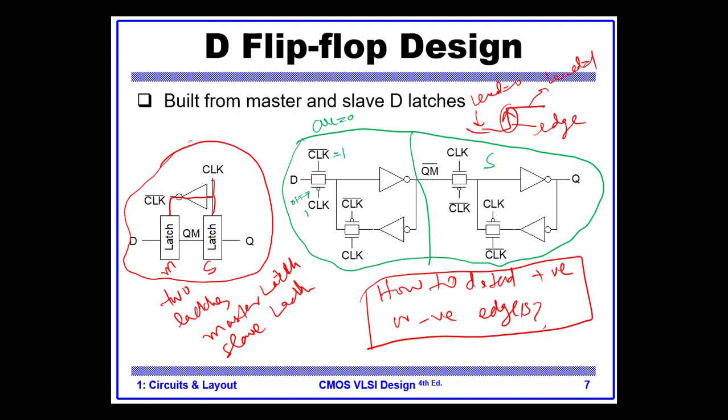It will be off. What will happen to this NMOS? This will be on. So it means D will be connected to this point. It will go to here. Okay, so this is the path for D. What happens here? This is 1, this is 0.